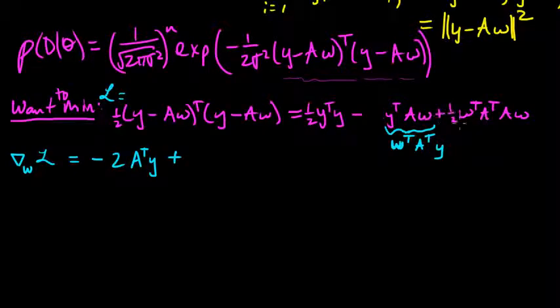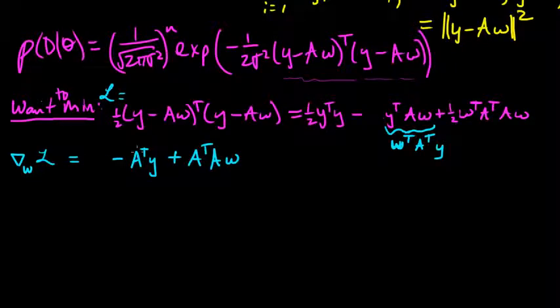Plus 1/2 here. So this 2 is gone. Minus A transpose y, and now this is going to be A transpose A W.